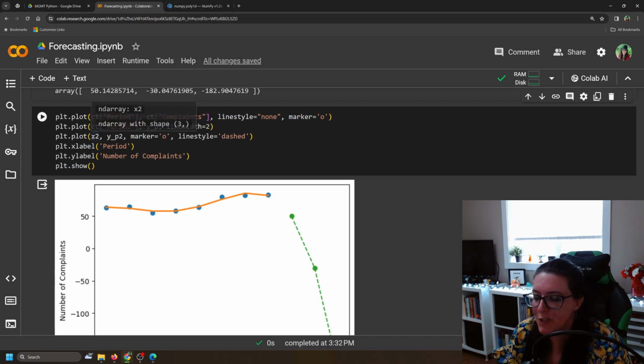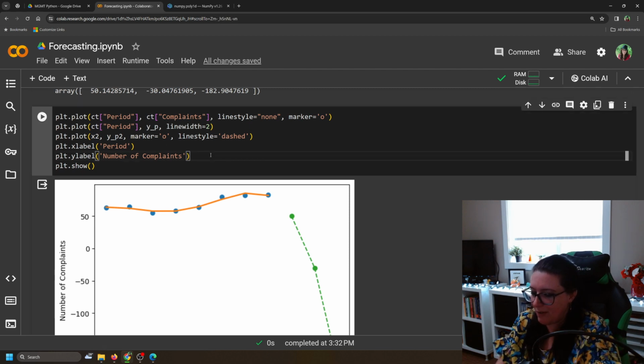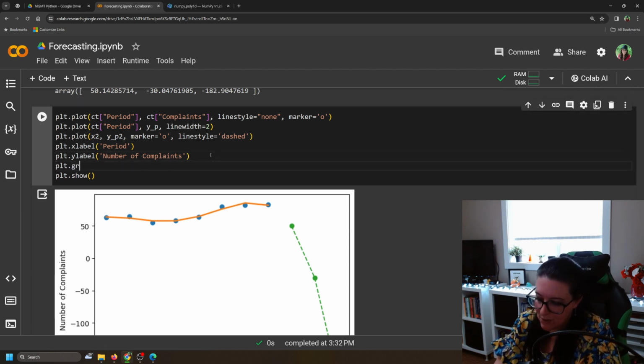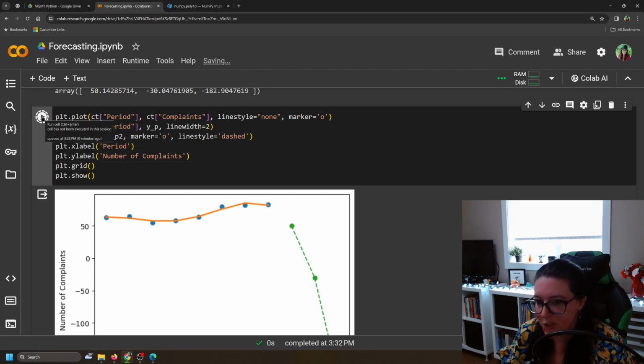Then plot the future data. Those are the x2 values of 9, 10, and 11, and its corresponding predicted complaints. Make those dots with a dashed line and add it to our graph. If you want to add grid lines, you can do that too. And we can plot the information here.